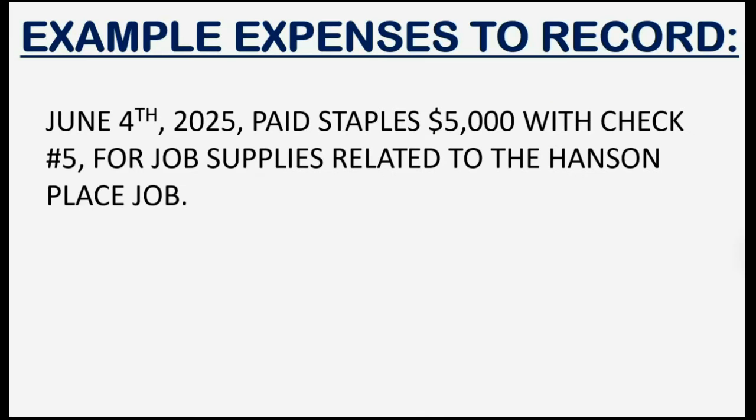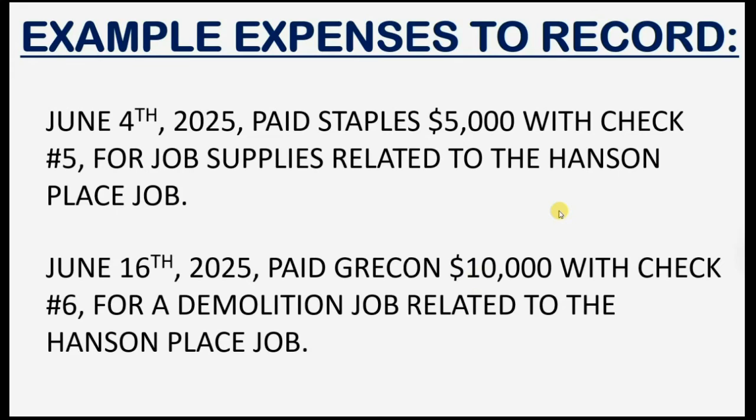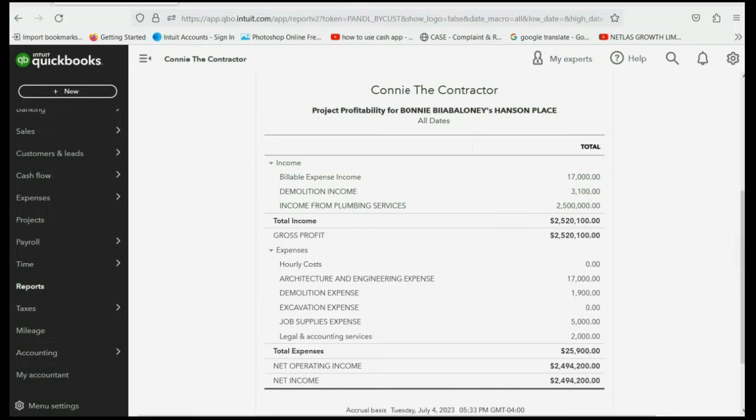And that brings us to our second transaction. Let's imagine on June 16th, we paid Grecon $10,000 with check number 6 for a demolition job related to the Hanson Place job. Well, again, we've done that before, and it shouldn't be hard to predict that this goes up to $11,900.